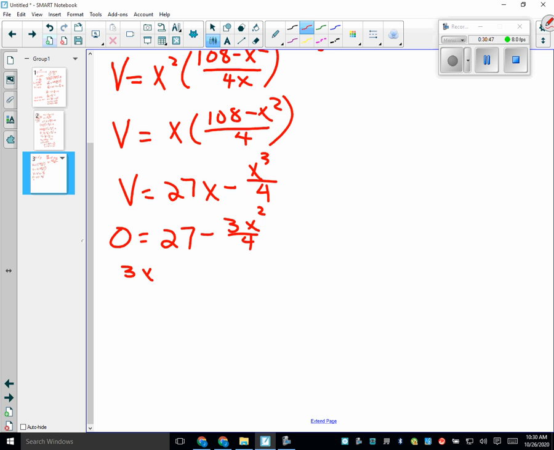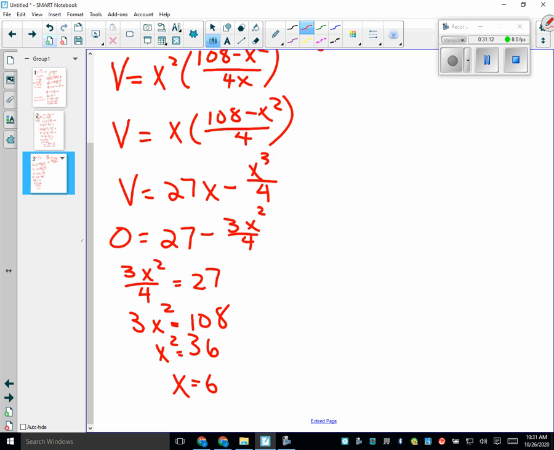So 3x squared over 4 equals 27. 3x squared equals 108. X squared is 36. x is 6.